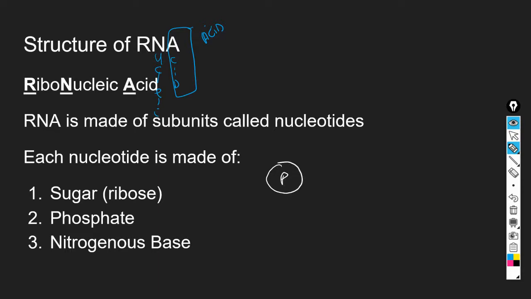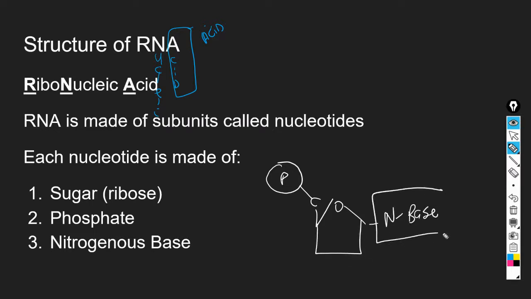And those components are a phosphate group that I just drew here with a P with a circle around it, a sugar, and a nitrogenous base. So whether you see a description as it is here on the left, or whether you see a drawing like the one I just drew on the right, both of those are different representations of the same structure, and that structure is a nucleic acid monomer known as a nucleotide.